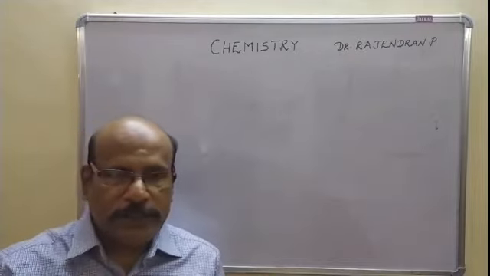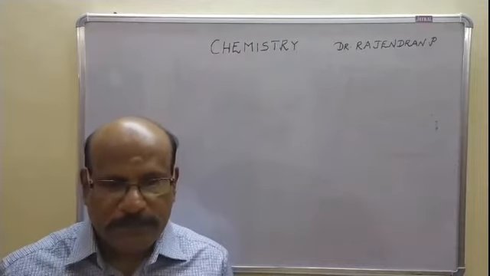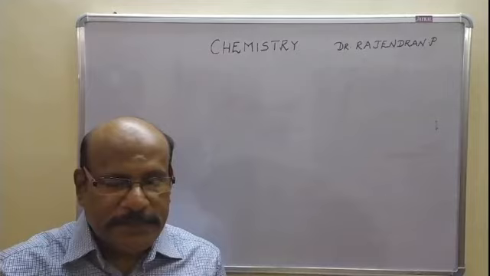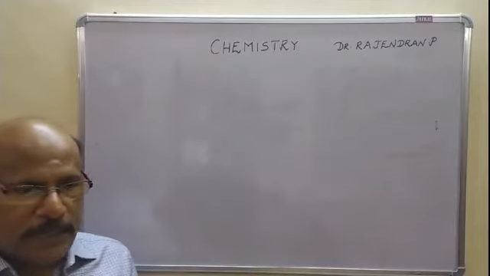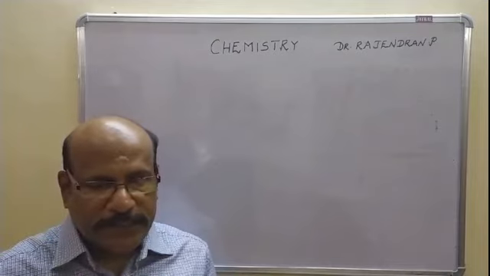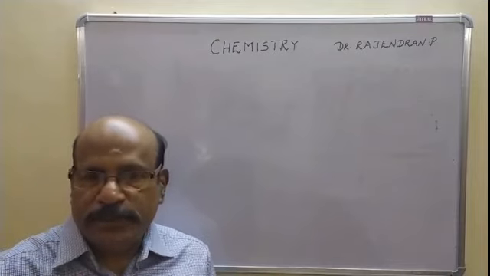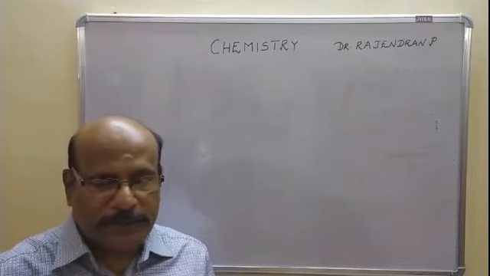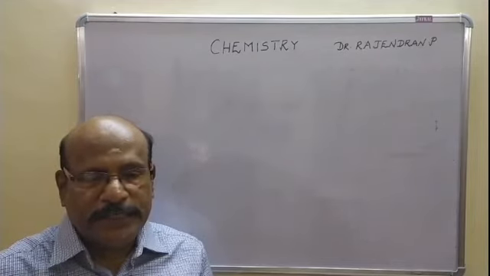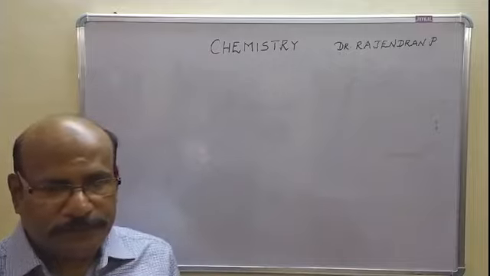The strong electrolytes are those which already have high conductance even at the initial concentration, and their molar conductivity or equivalent conductivity increases gradually with the increase of dilution or decrease of concentration, and finally reaches a limiting value.